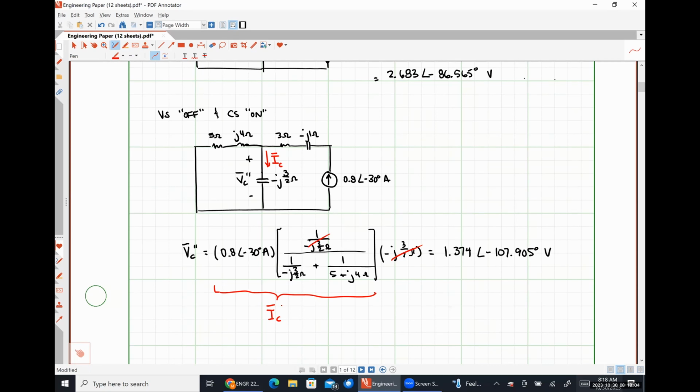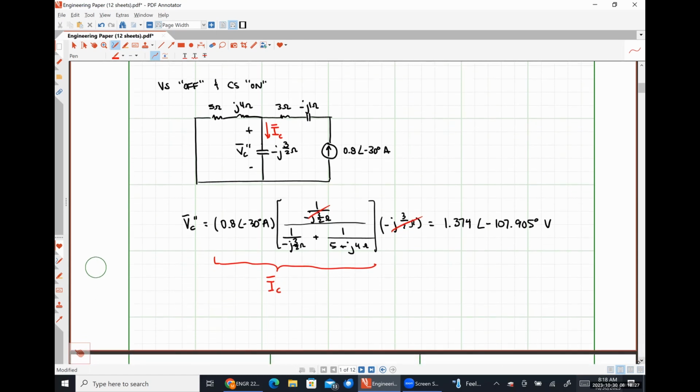Exactly right. So our next step would be to apply the linearity principle of superposition, meaning that we can simply add our results together to get the result as if both sources were on in the frequency domain. 100% correct. So I have stored the results of both of these calculations in my calculator as variables X and Y respectively.